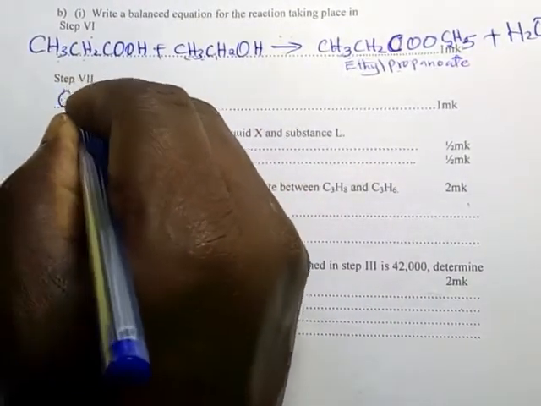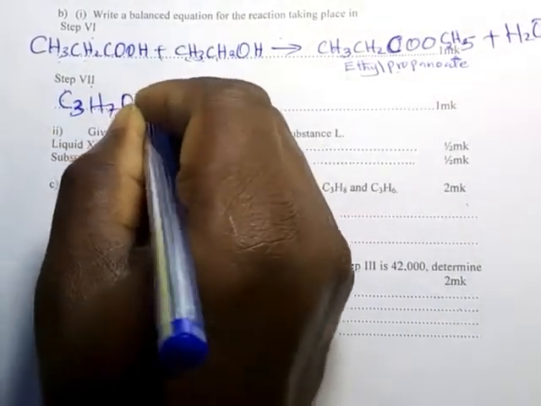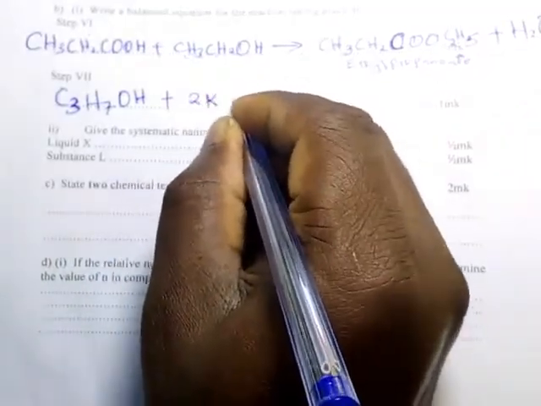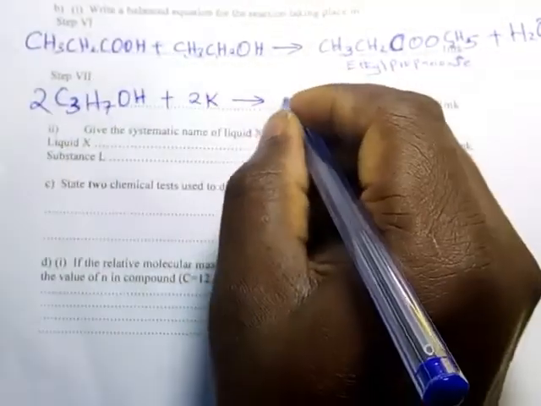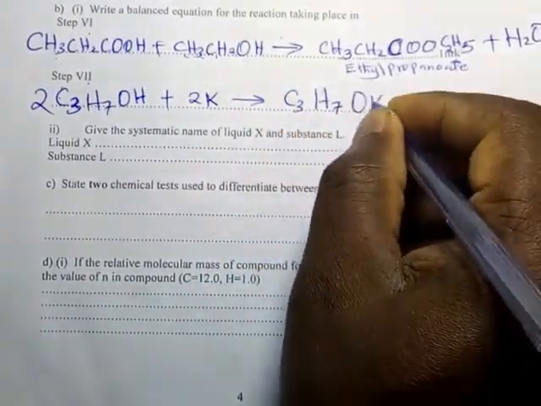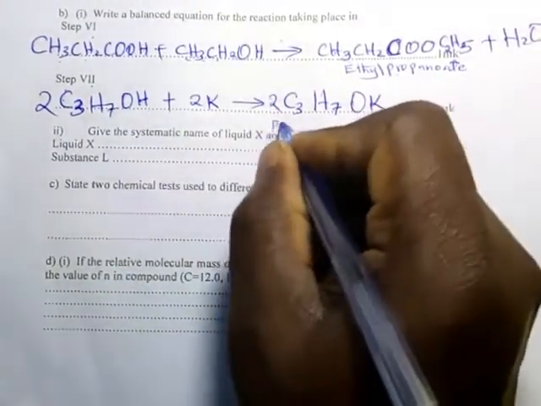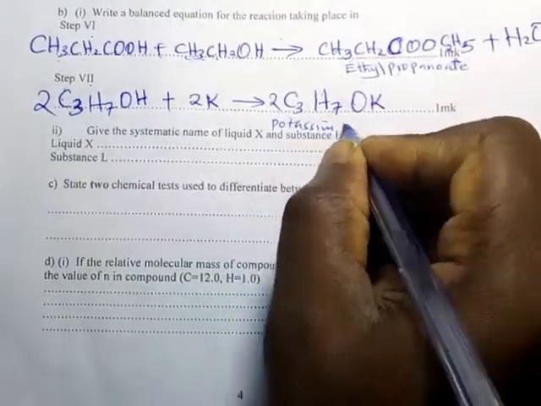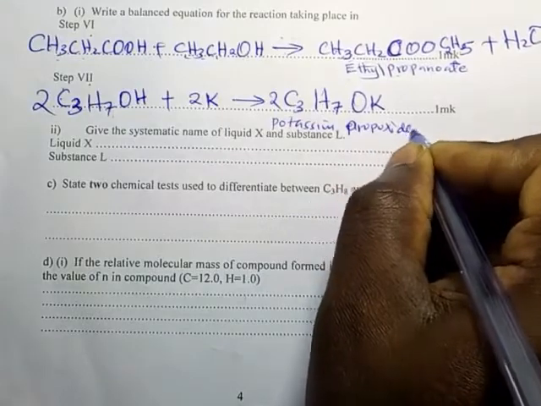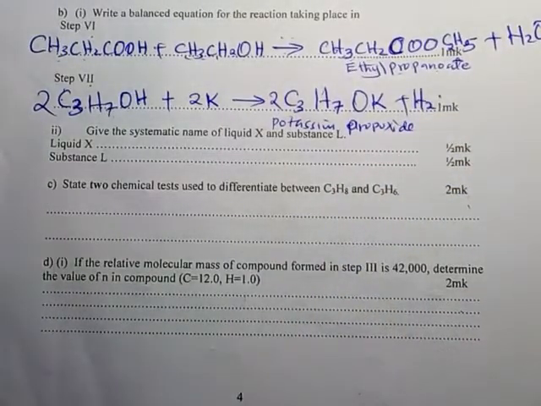So C3H7OH, I have shortened it, propanol plus 2K, will form 2C3H7OK. This one is called potassium propoxide, plus hydrogen gas.